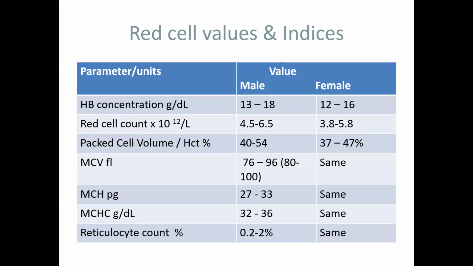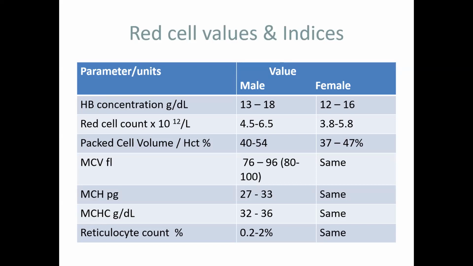And this is where the red cell values and indices are important tests for us to perform. So on the left-hand side, you can see the parameters that we look at and the units. And on the right, I have given you the reference values for males and females. We expect you to know offhand these values, even though when you ask for the test, you will get the reference value printed at the side.